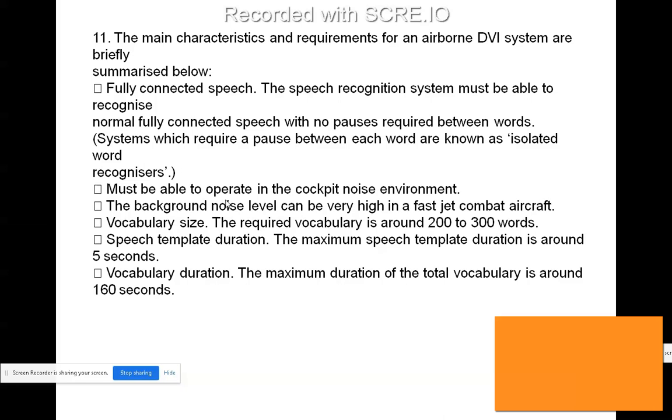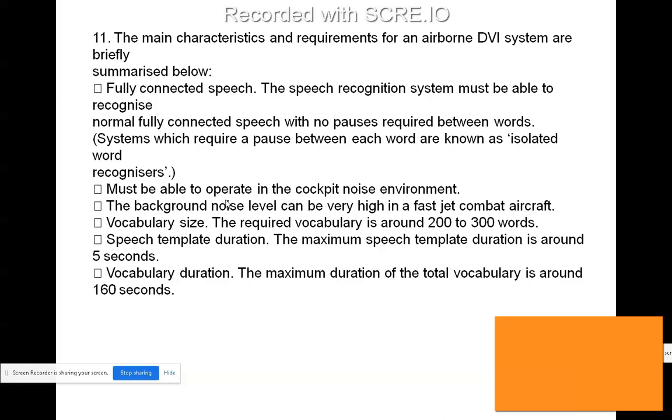And then vocabulary size. The vocabulary size will be around 200 to 300 words. That is the voice message. And then speech template duration. The time period taken for the voice message will be around 5 seconds. And then vocabulary duration, that is the maximum duration of the total vocabulary. So for a template of 5 seconds, the entire vocabulary duration will be around 160 seconds.